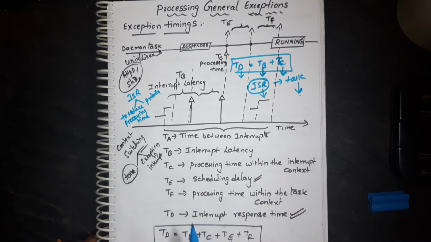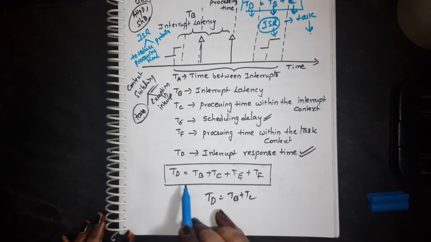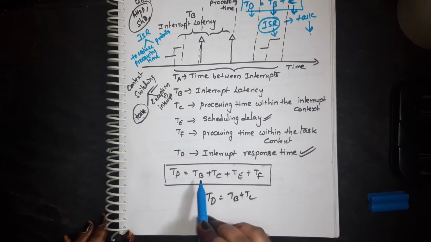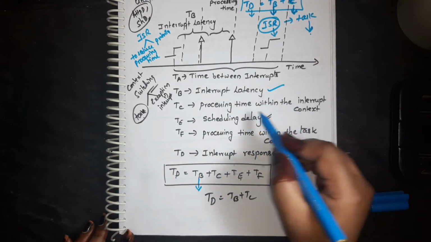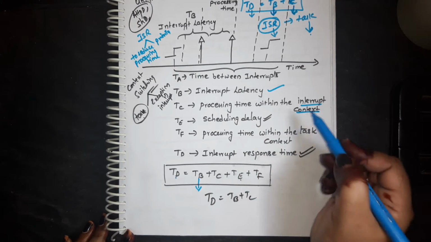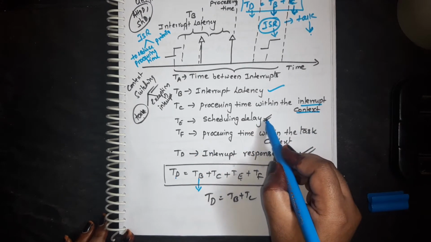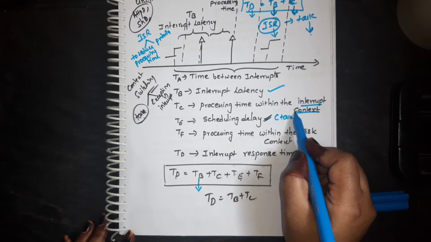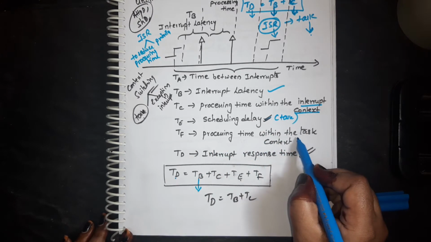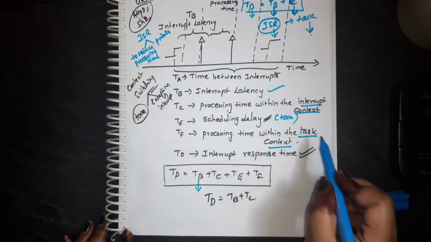It defines the context with the help of the interrupt service routine. Here TB is the interrupt latency, TC is the processing time for the interrupt context, TE is the scheduling delay, which applies to the task, and the next one, TF, is for executing the task context.